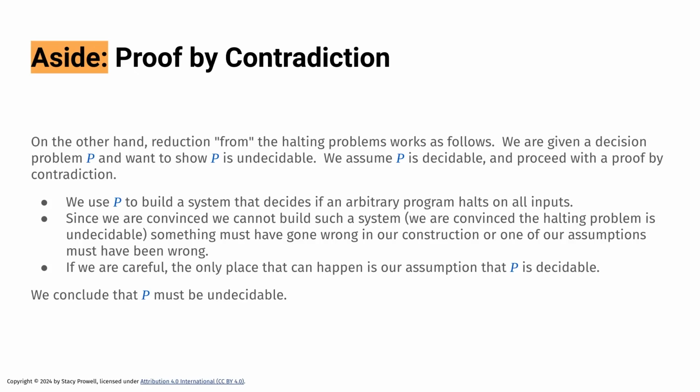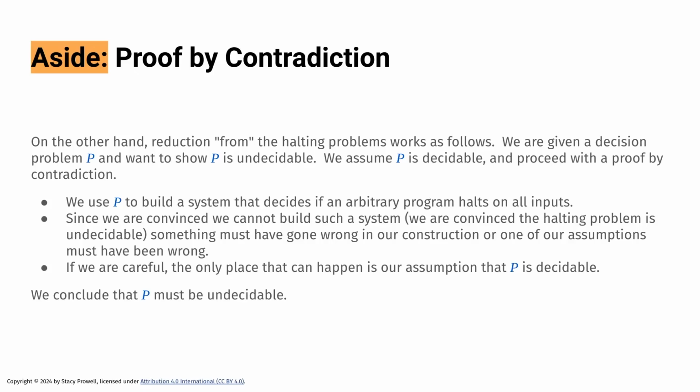So, there's a lot of really good, solid, convincing arguments that it's undecidable. And we want to construct a similar argument that our problem P is undecidable. So here's how we work. We use P to build a system that solves the halting problem, right? So what we're saying is, I'm going to build a system that solves the halting problem.